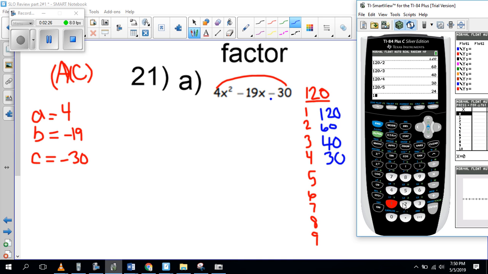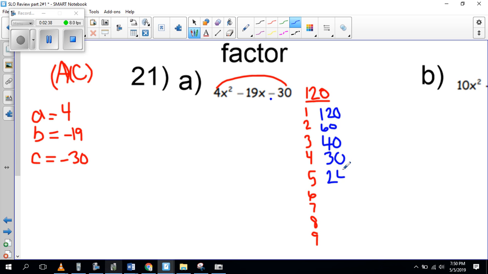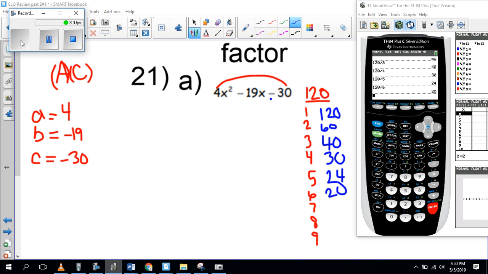120 divided by 5, we get 24. 120 divided by 6, so 5 was 24, 6 was 20. Then we do 120 divided by 7.